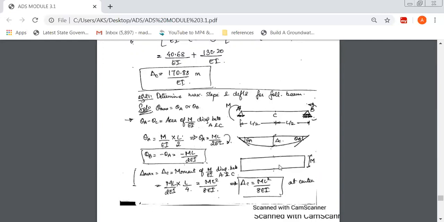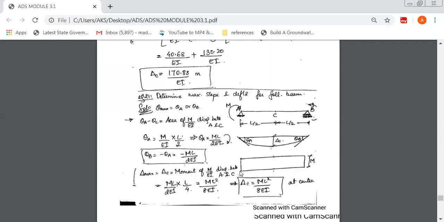Next, if you want to find theta A minus theta C: theta A is maximum, theta C is 0 here. The diagram is symmetrical, so if you find only theta A, it is as good as finding theta B with a negative sign. So theta A minus theta C is equal to the area of the M over EI diagram between A and C. Between A and C, it's a rectangle, so the area is length into breadth.